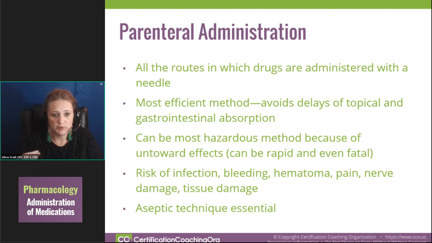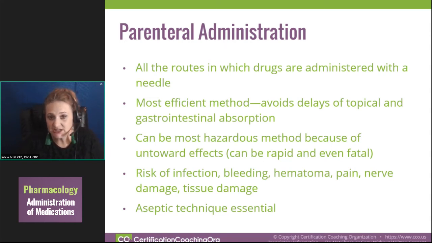But when you put something gastrointestinally, it absorbs much faster. You can, though, have some unwanted effects, and it can be fatal because some medications could be hazardous if injected when they're not supposed to be, because it goes into the system too fast. So, again, you would never inject nitro into the body.